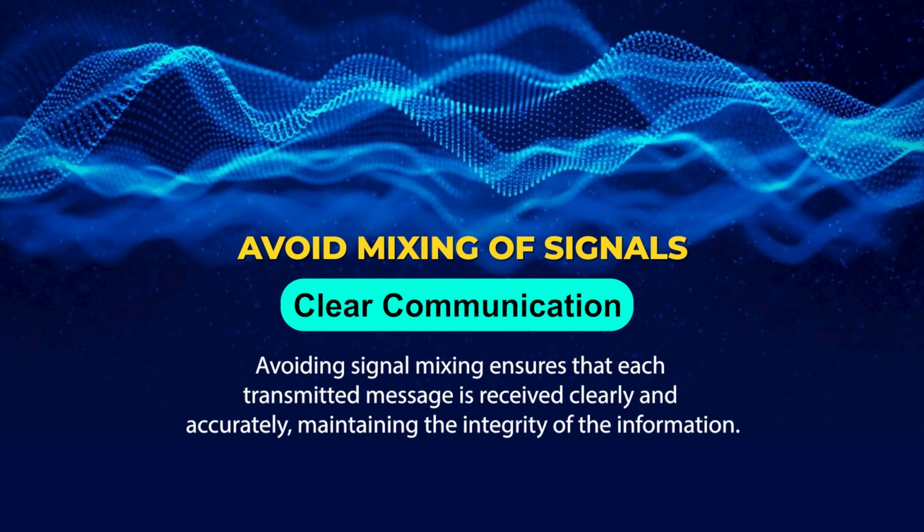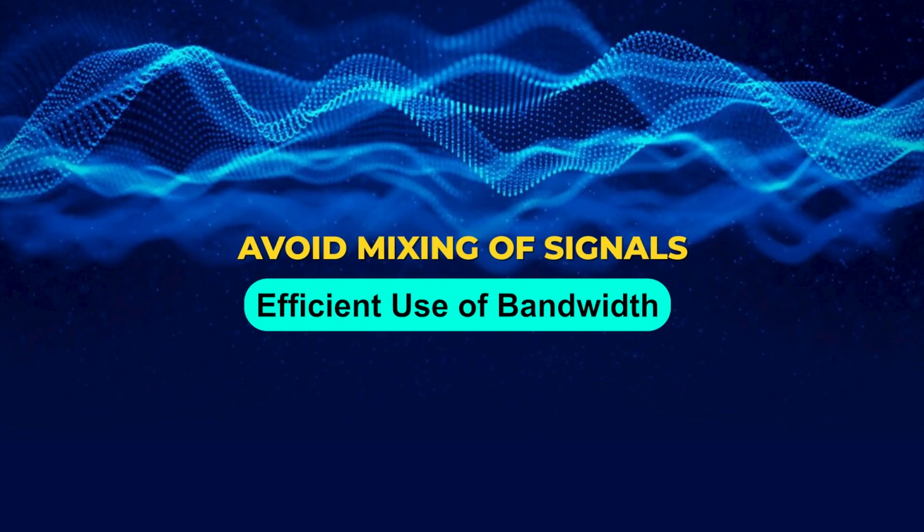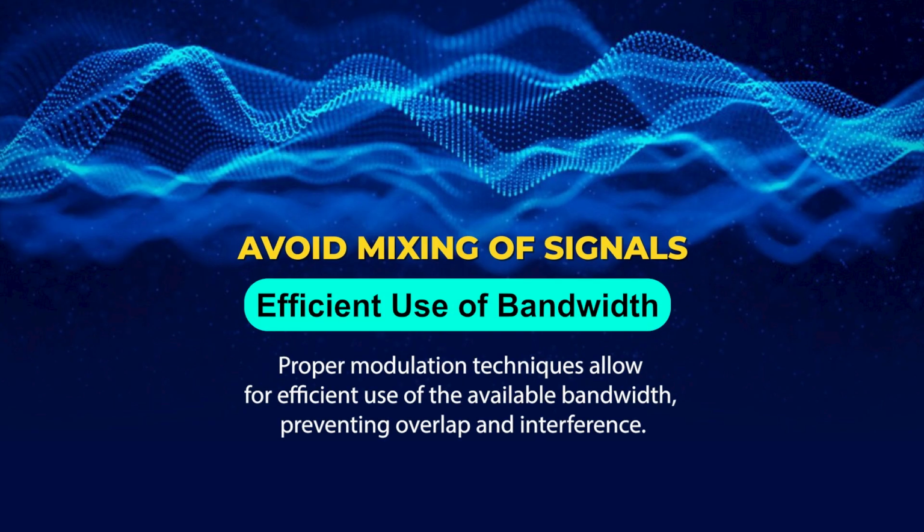What is the importance of avoiding signal mixing in communication? Avoiding signal mixing ensures that each transmitted message is received clearly and accurately, maintaining the integrity of information. This helps the clarity of the signal. Efficient use of bandwidth: proper modulation techniques allow efficient use of the available bandwidth, preventing overlap and interference.